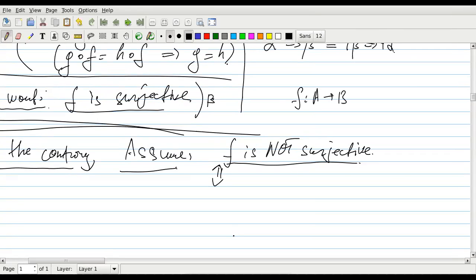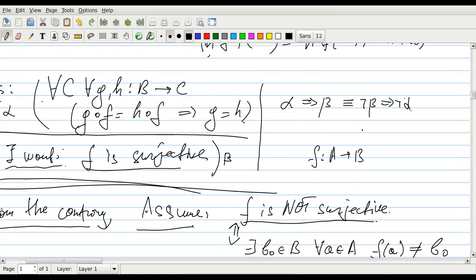It means there exists a point b0 belonging to B, such that for no a, f of a equals b0. Do you agree? Yes. There is a point which is not reachable. And now what should I want to prove from this not beta? Not alpha.